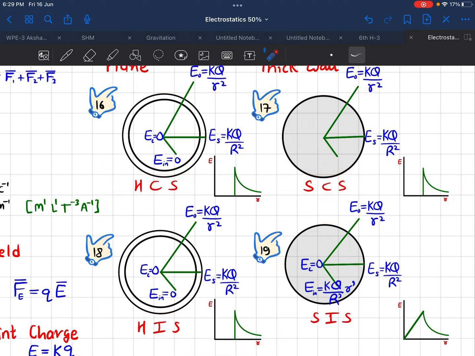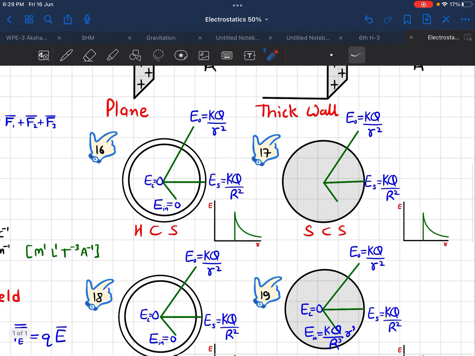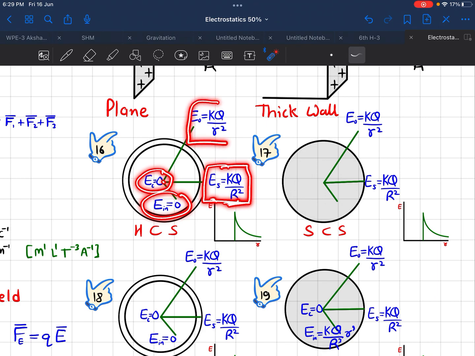That is, electric field intensity inside or at the center is 0, at the surface of a sphere E is equal to kq by capital R square, where capital R is the radius of the sphere, and electric field outside the sphere at a distance small r from the center is E is equal to kq by small r square. It is a very important point.